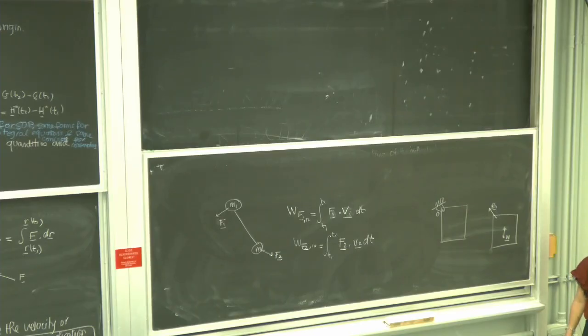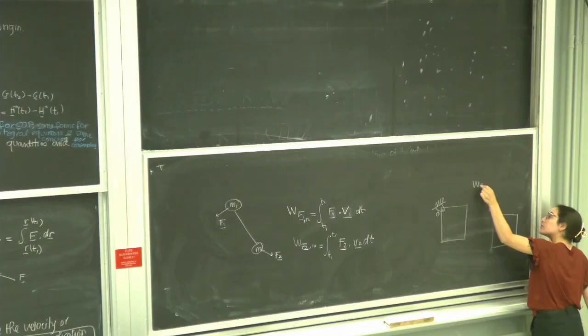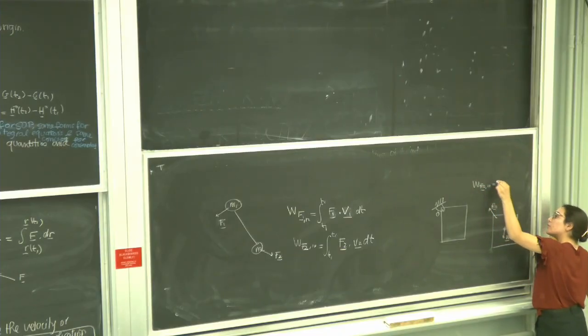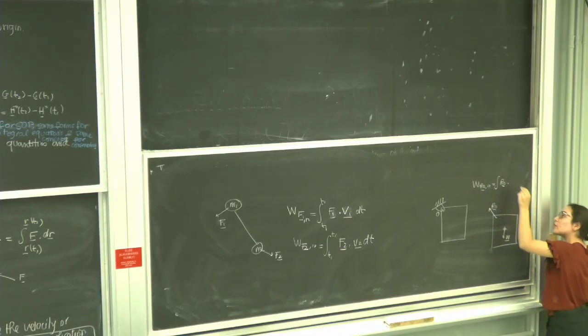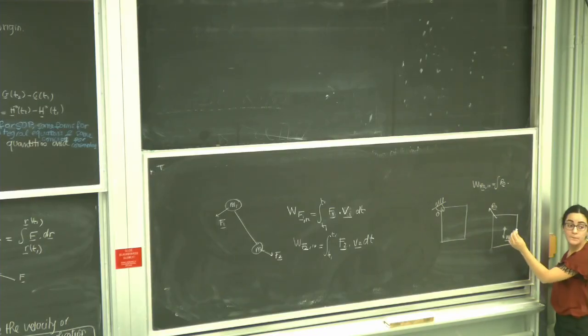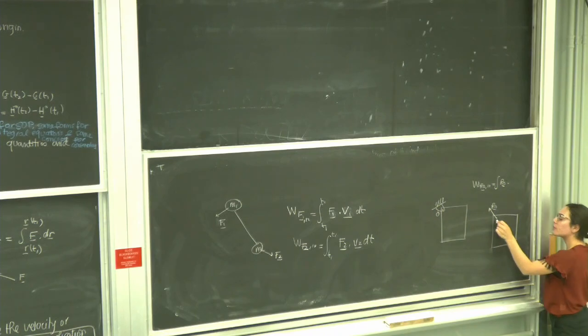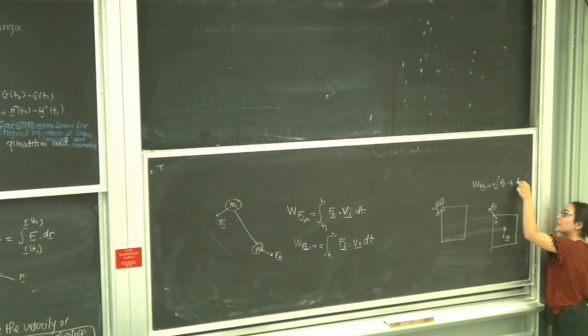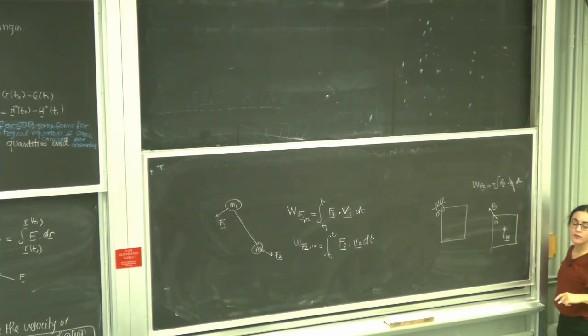What is the work of the reaction force at O? 0. Exactly. Why? Because the work of RO from 1 to 2 is the integral of RO dotted with the velocity of which point? Its point of application, and VO is 0. So RO is workless.